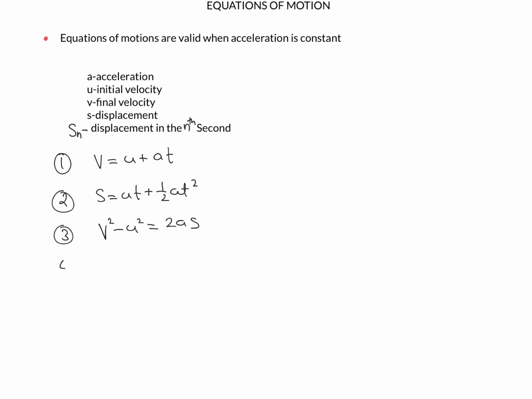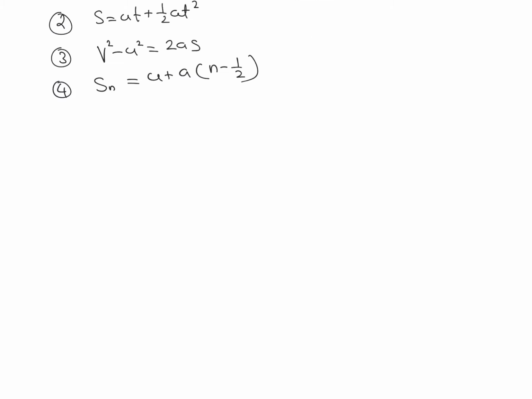And one more relation over here, that is displacement in the nth second, represented by Sn, which is equal to u + a(n - 1/2). So you can remember these four equations for solving questions related to a particle which is moving with a constant acceleration. Over here, the last equation Sn represents nothing but displacement in the nth second.